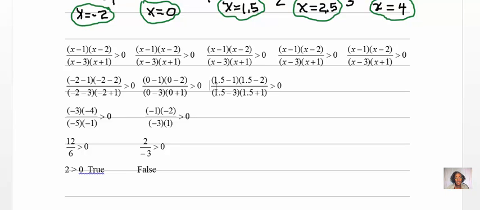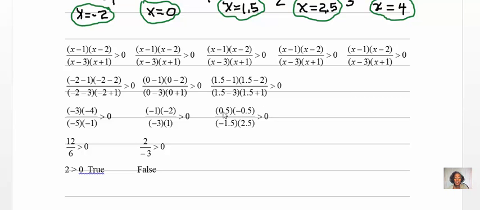x's with 1.5 as we're in this next interval. And we wind up with 0.5 times negative 0.5 over negative 1.5 times 2.5. We can do the calculations and actually get 1 over 15 here, but what really matters is the sign.